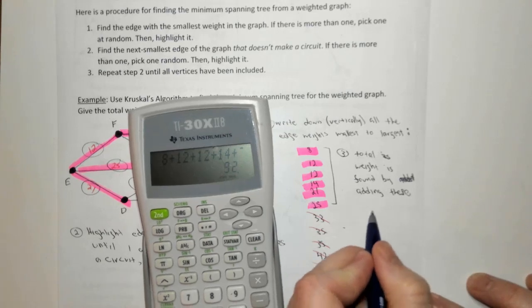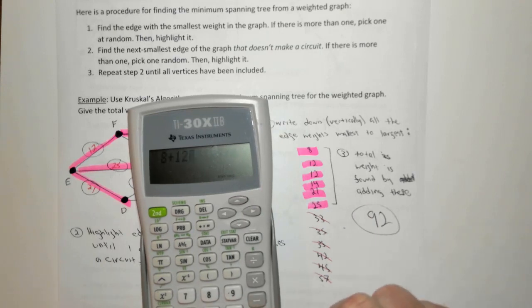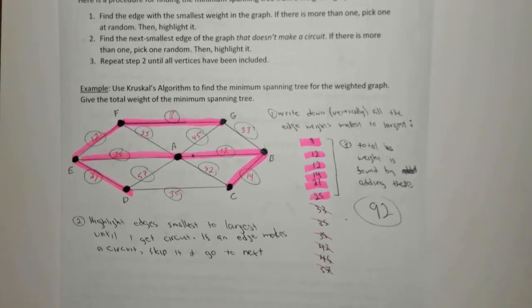I'm going to do that again. 8 plus 12 plus 12, 14, 21, 25, 92. Okay, so there you go. Some of these will be a little more complicated than this. Some of them will be even easier. But that's the idea of Kruskal's algorithm.